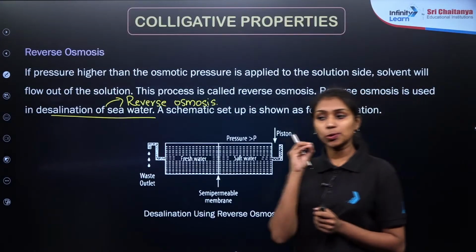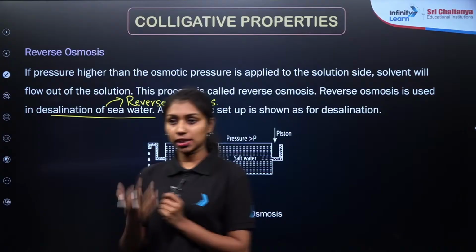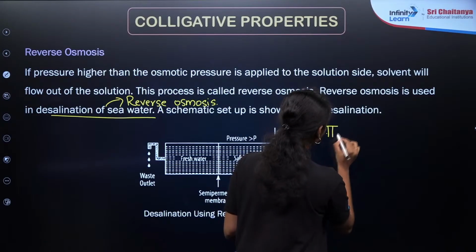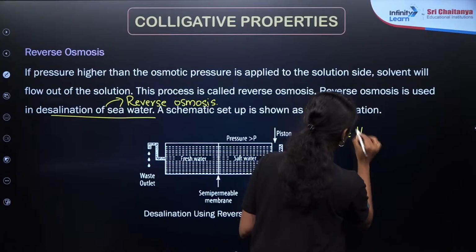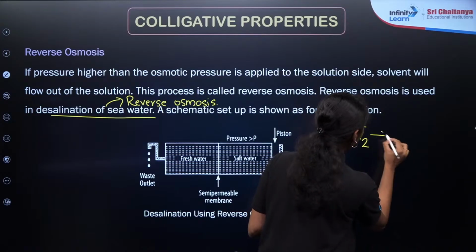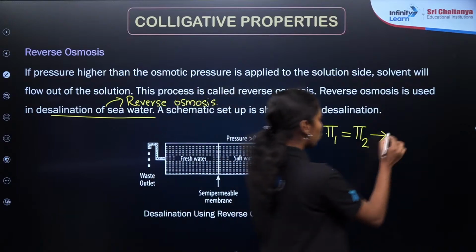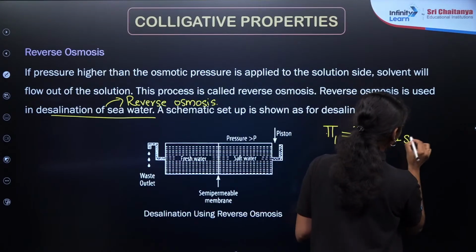Now let us divide the solutions according to the osmotic pressure condition. For example, if I am taking two solutions having the same osmotic pressure, pi 1 is equal to pi 2, which means the same osmotic pressure, then I can call this particular solution an isotonic solution.